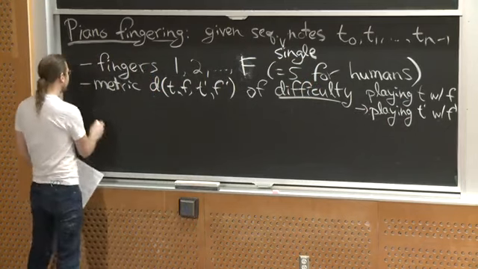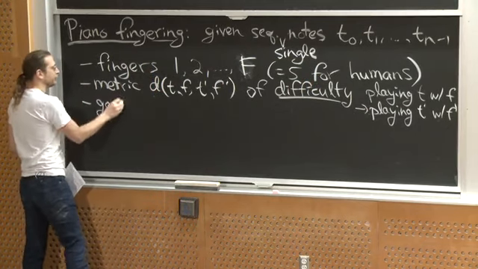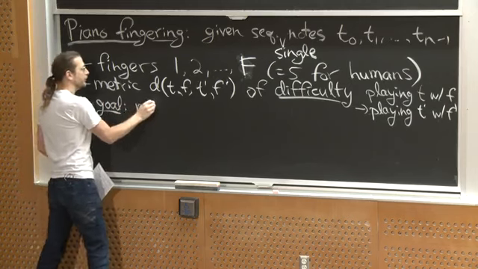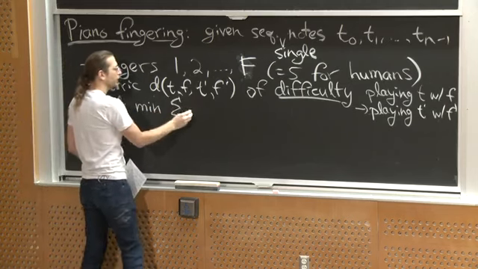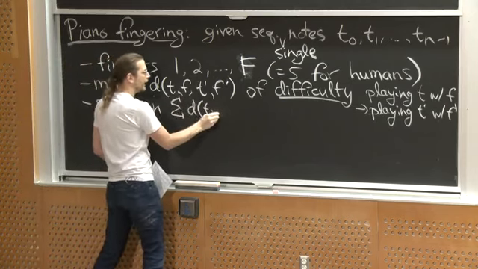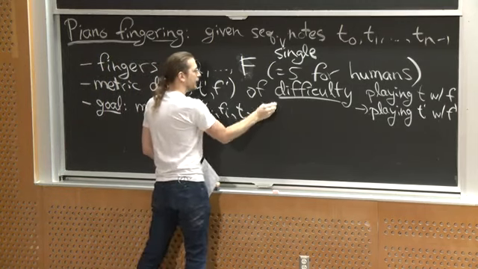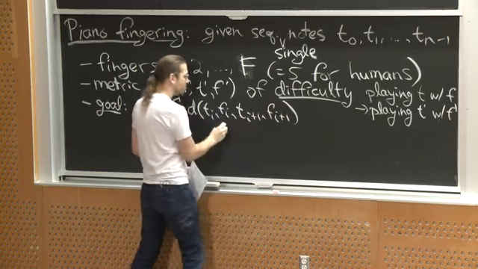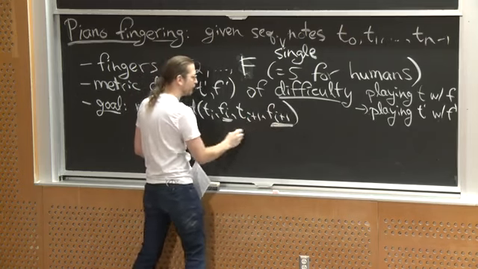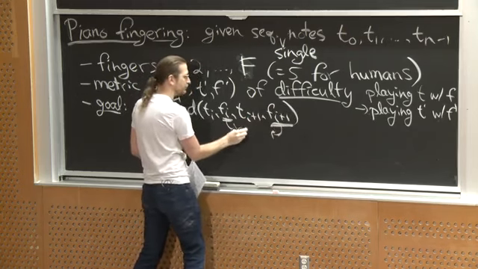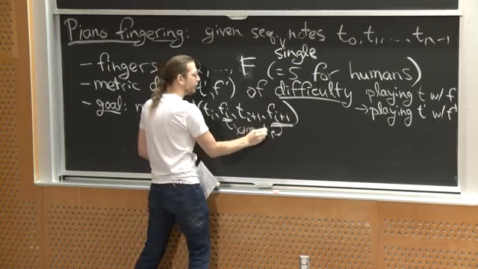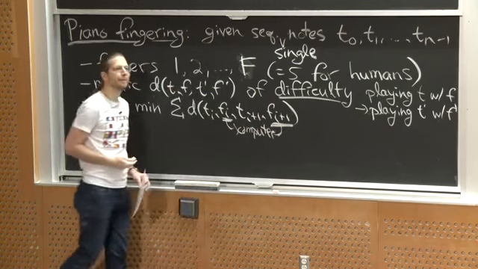And then our goal is to minimize the sum of difficulties: the minimum sum of d of (t_i, f_i, t_{i+1}, f_{i+1}). And these f_i's and f_{i+1}'s are what we want to compute. We don't know which fingers to use. We're only given which notes to play.